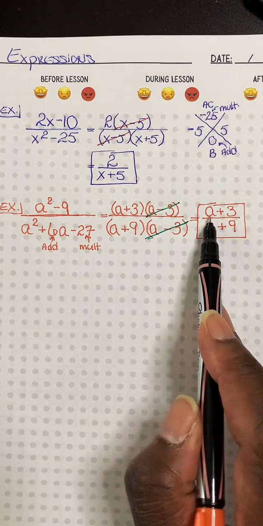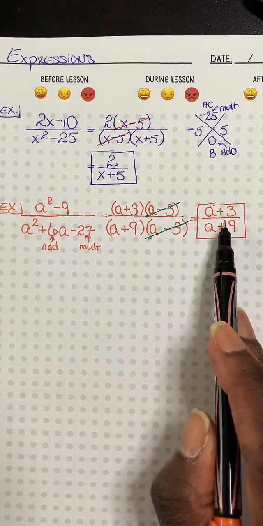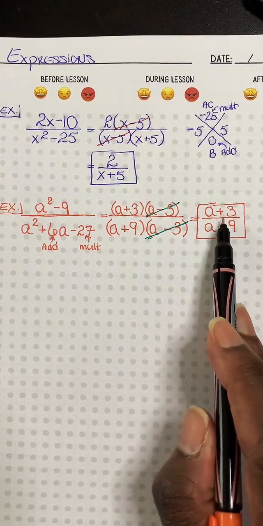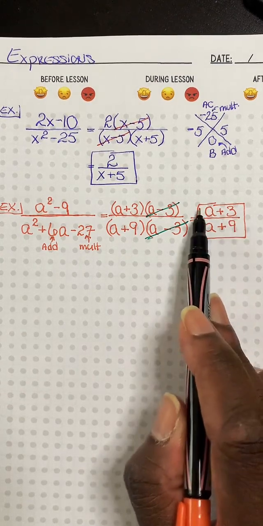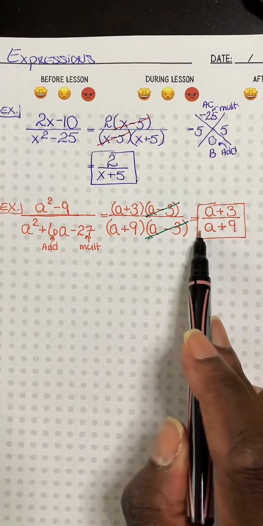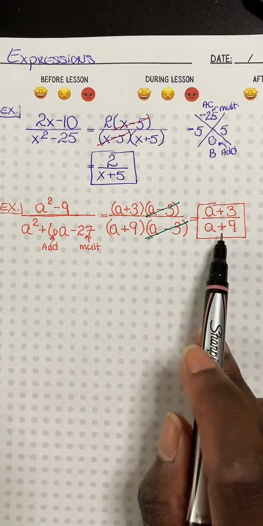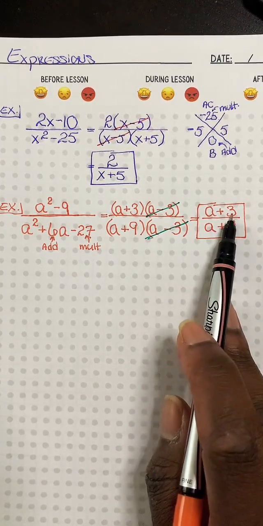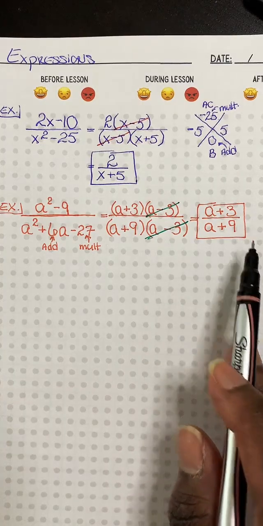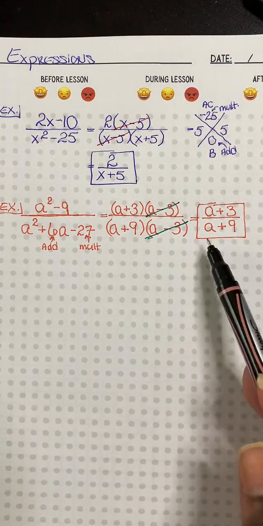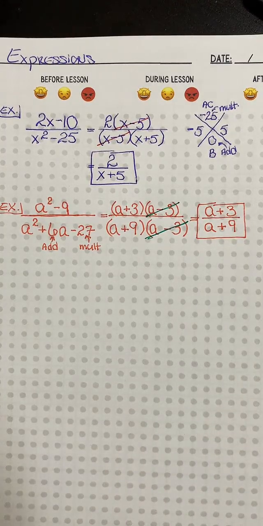This 3 is attached to this a, and this 9 is attached to this a. Because we have a plus sign, we cannot simplify anymore. That a plus 3 represents one number, and that a plus 9 represents another number. Now, if the plus signs were not there and it's just multiplication up top and multiplication in the denominator, then yes, you can simplify. You would be able to cross out the a's and simplify the 3 and the 9.